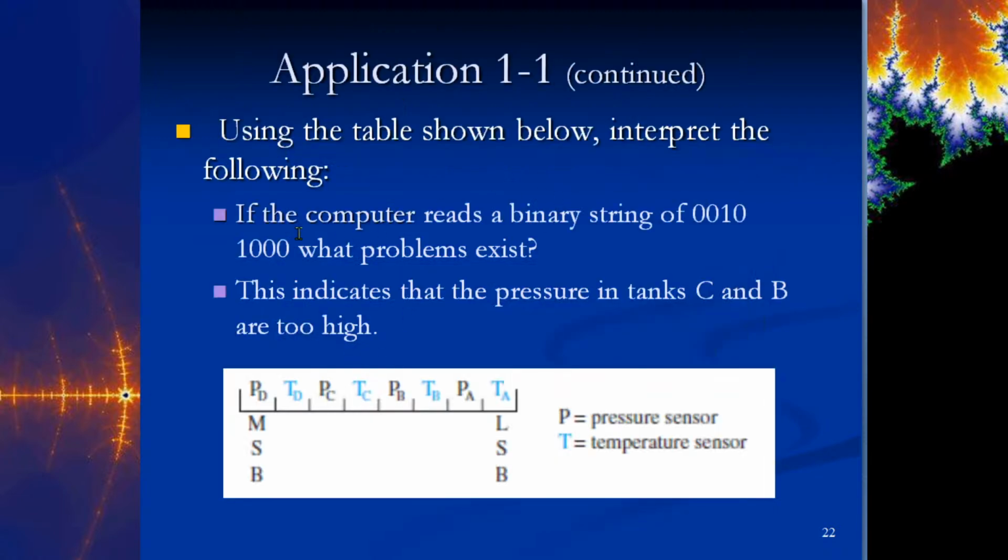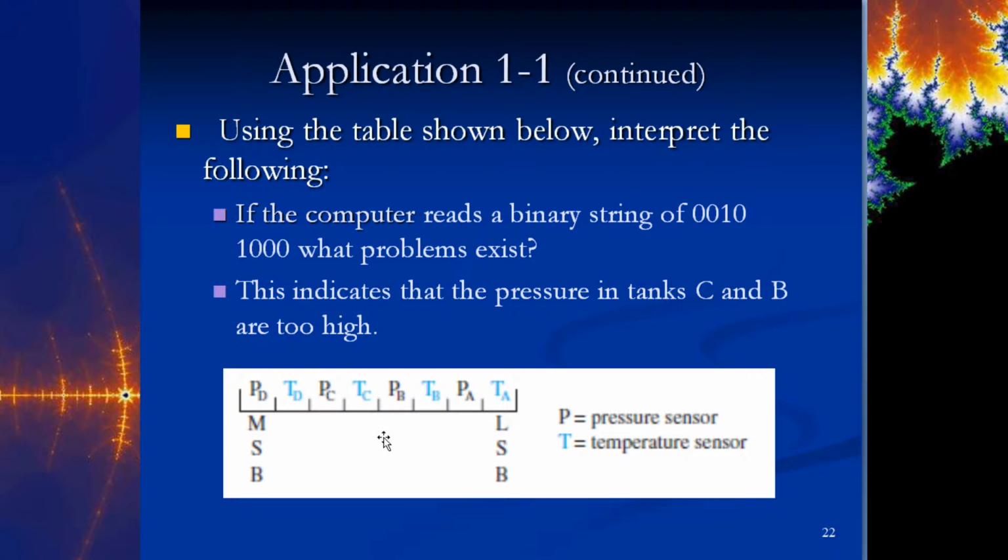It says if the computer read a binary string of 0010 1000, what problems exist? That would be 0, 0, 1, 0, so pressure C must have tripped and went high. And then the last 4 are 1, 0, 0, 0. So the pressure in C and in tank B must have tripped and have gone too high.